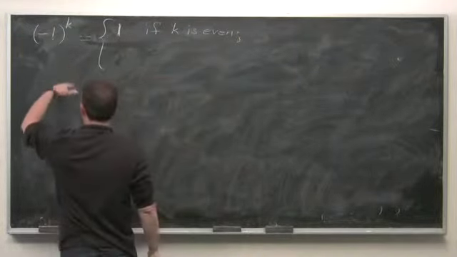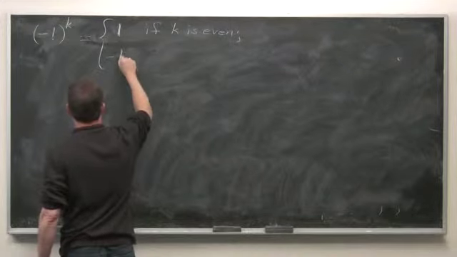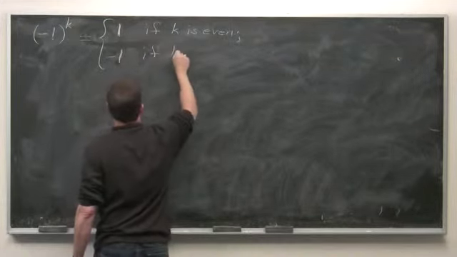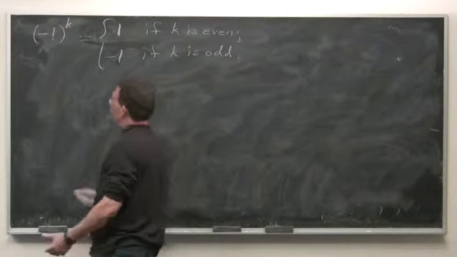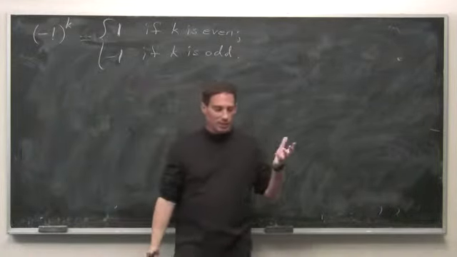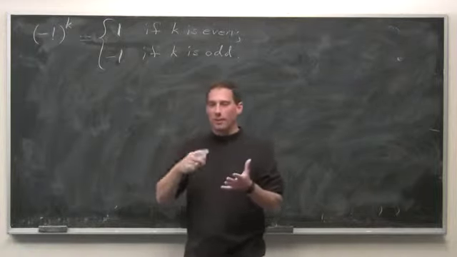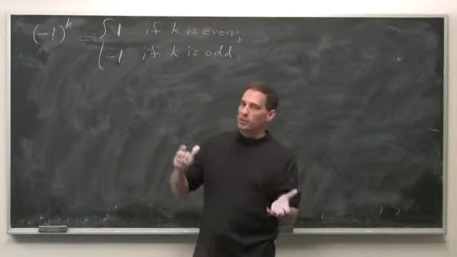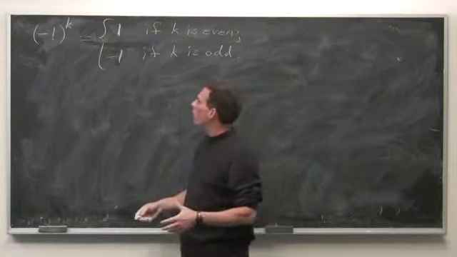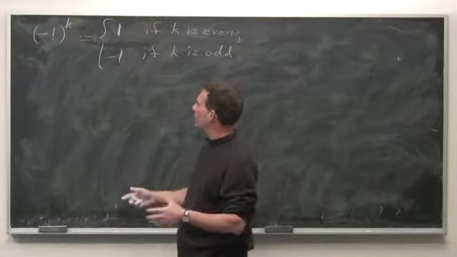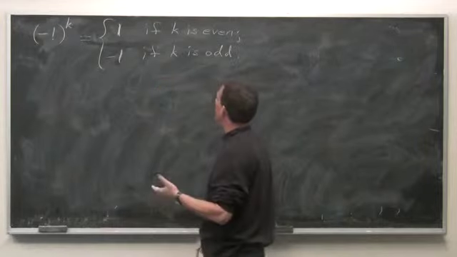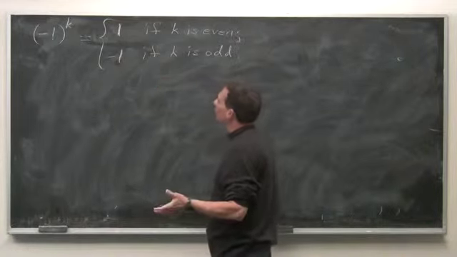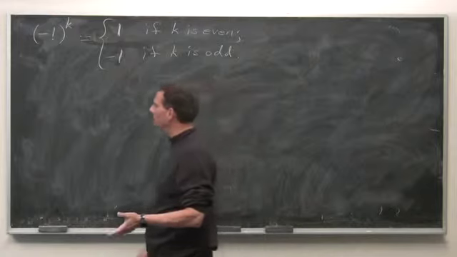And when k is odd, you get an odd number of minus signs, and that'll give you -1 if k is odd. So this is the fundamental thing you can stick inside what you're summing to make it go +1, -1, +1, -1. Or if you need to start at -1 and go to +1, just put a k+1 here. Then that'll be -1 when k is even, and 1 when k is odd.